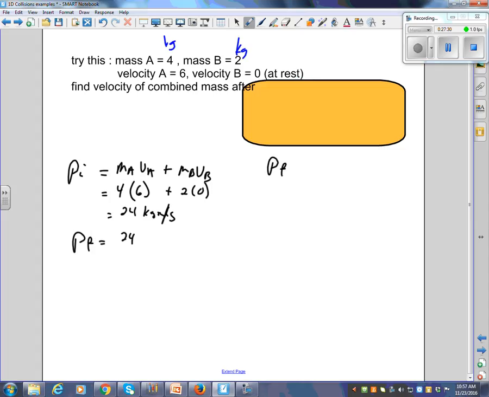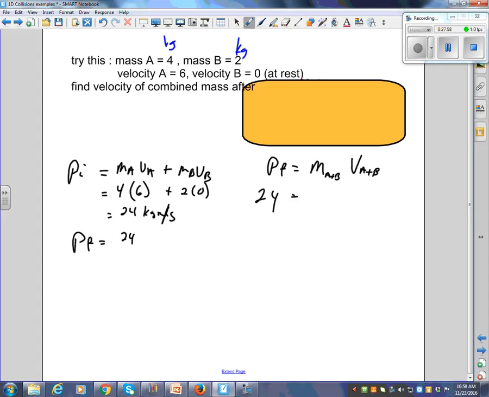So what makes up the final momentum? Well, that's going to be mass, but now it's combined together, so it's mass of A plus B together, right? Times the velocity of A plus B. And how much is the final momentum? 24.